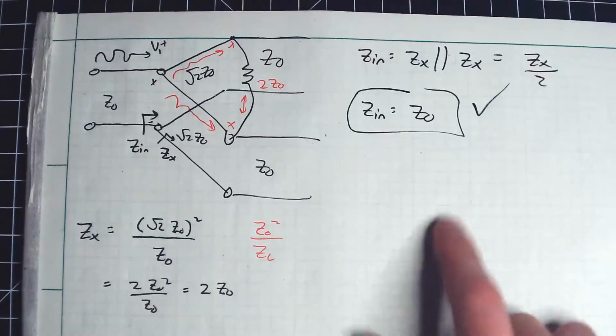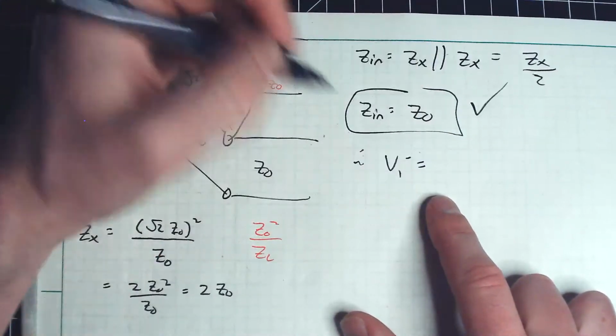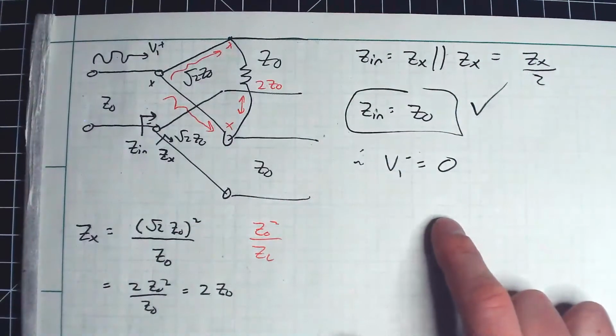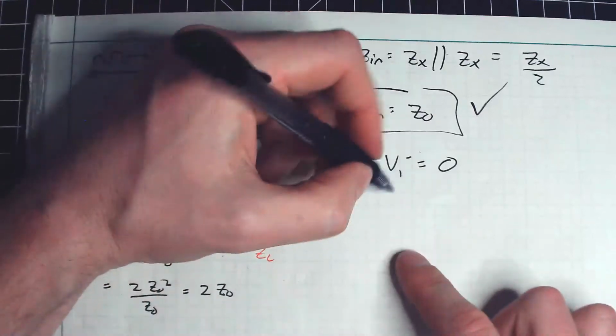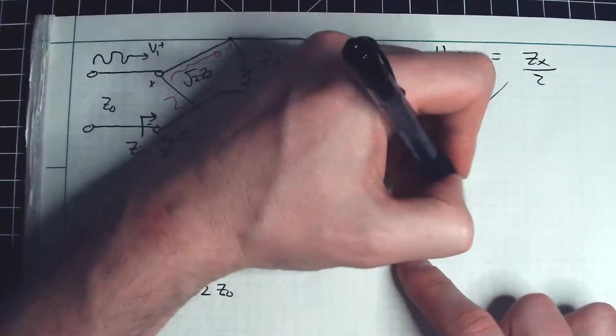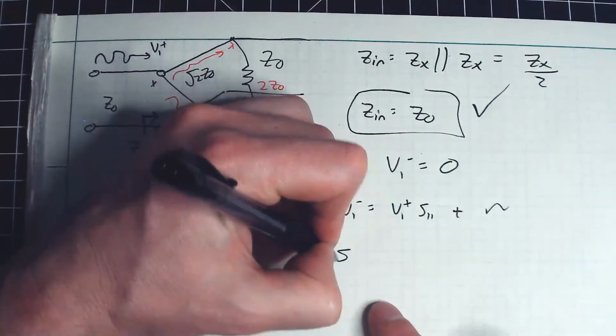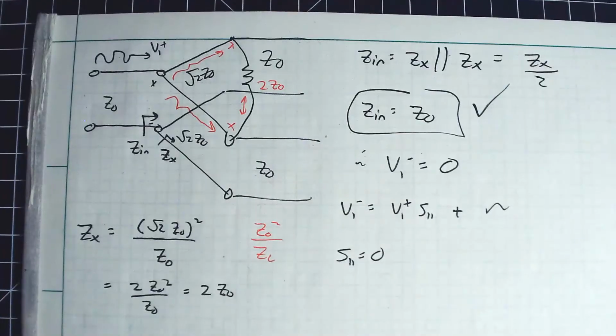And it's matched. Therefore, V1 minus is equal to 0. All right, so what you basically have is V1 minus is equal to V1 plus S11 plus, I'm not exciting these, so there's nothing. And you find S11 is equal to 0.